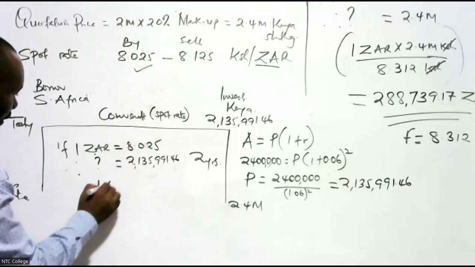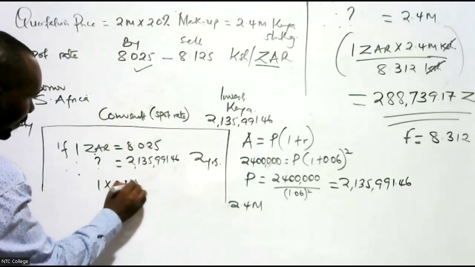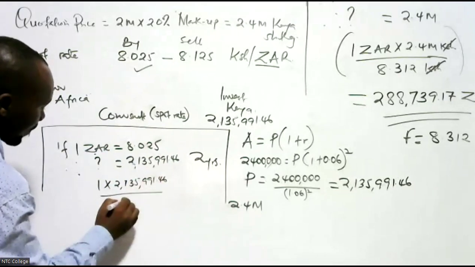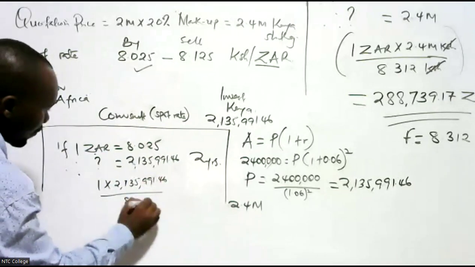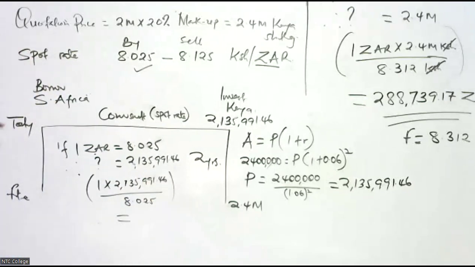So can somebody do for me this? 2.13599.1.46 all over 8.025. How much am I going to borrow in South Africa?